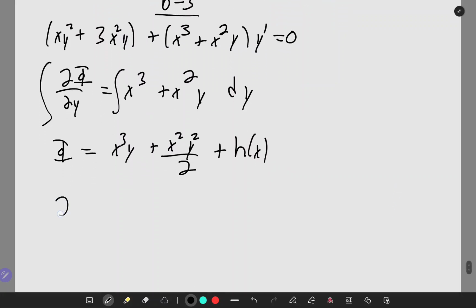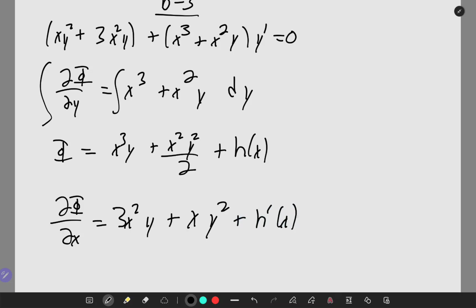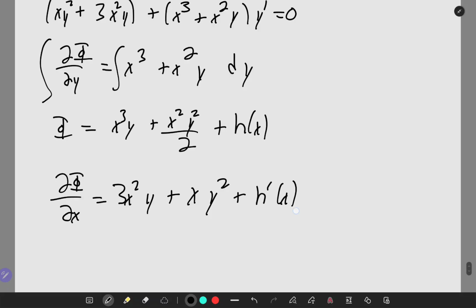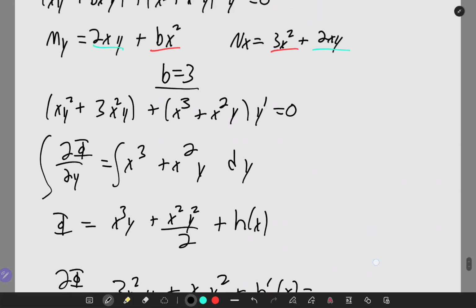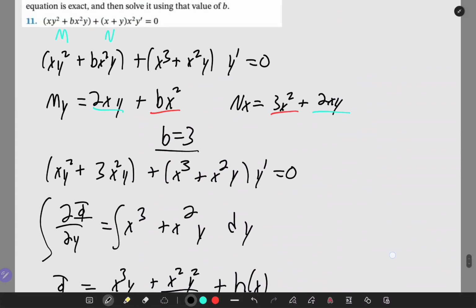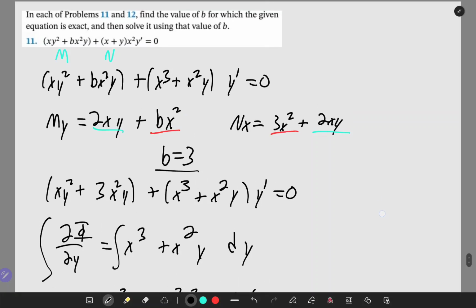Now, d phi with respect to x. This would be 3x squared y plus, the 2's will cancel, xy squared plus h prime of x. That is equal to, remember, which one's with respect to x?